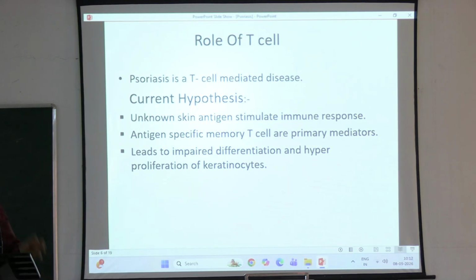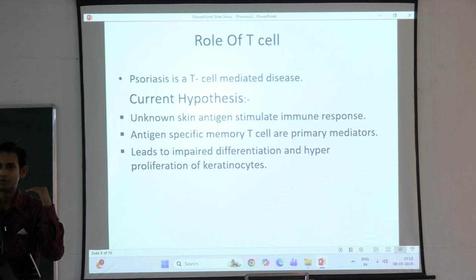As a result, there is accumulation of neutrophils in the epidermis, leading to microabscess formation, and all these cytokines and chemokines cause the differentiation and the hyperproliferation of the keratinocyte. As a result, there is excessive proliferation of the keratinocytes. So, it grows comparatively 6 to 9 times faster than the normal rate, leading to the development of the thick psoriatic plaques.